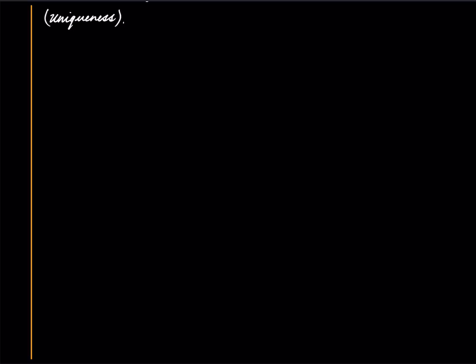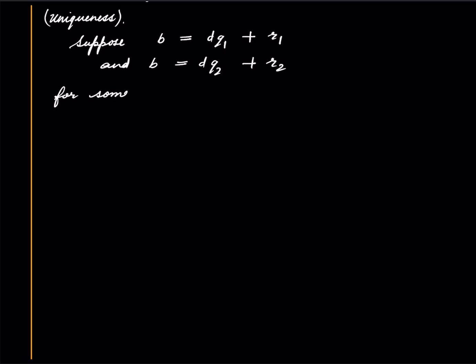So for uniqueness, suppose b equals dq1 plus r1 and b equals dq2 plus r2 for some integers q1, q2 and r1 and r2 with this constraint.